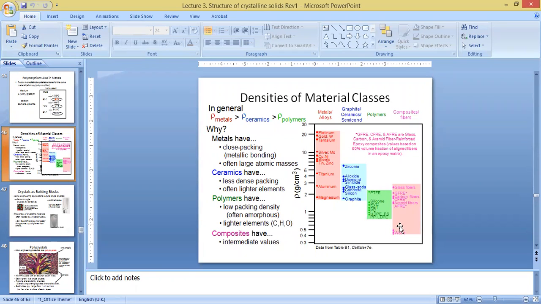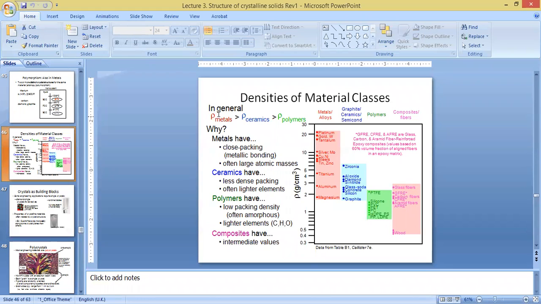And then we have the glass fibers, wood being the lightest under composites and fibers. Obviously, wood is much lighter. Of course, there are certain types of wood that may be slightly denser than others, but generally wood is a lightweight material. And then there are also other fibers there.